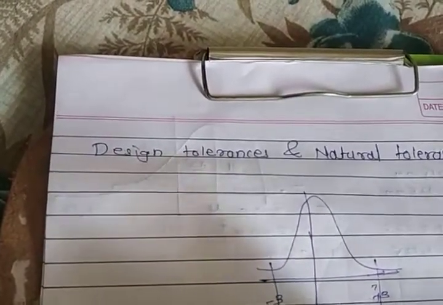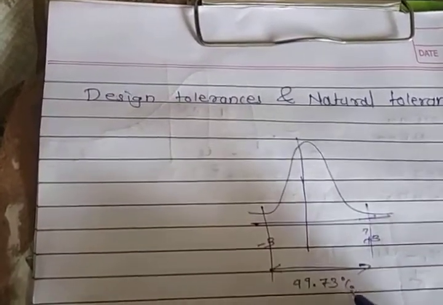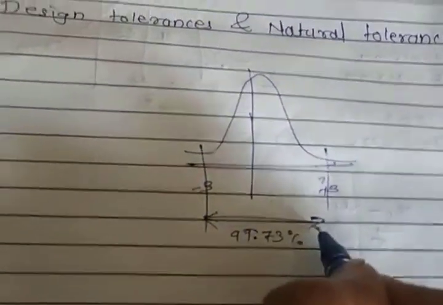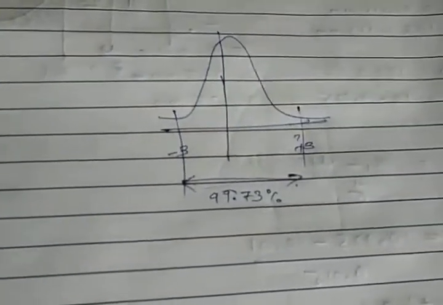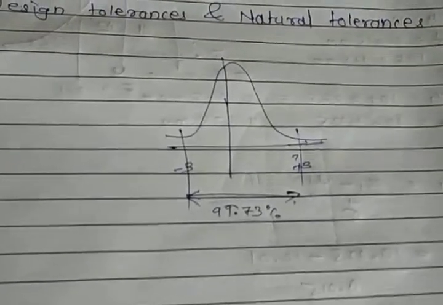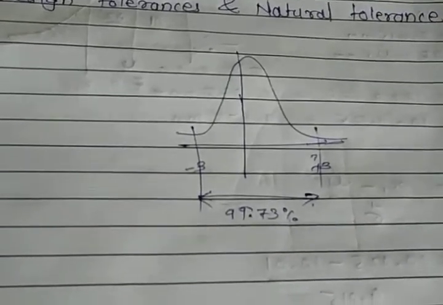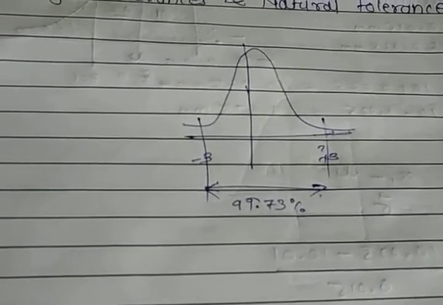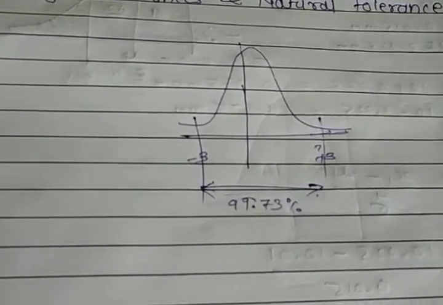Over here, we know already that 99.73% of the population is there. 99.73% of the population will lie in this area, so that is nothing but the natural tolerance. The natural tolerance is the capability of the process. Whatever the process is, this process is nothing but the machine. So the machine capability will be over here, and it is shown by the natural tolerance.